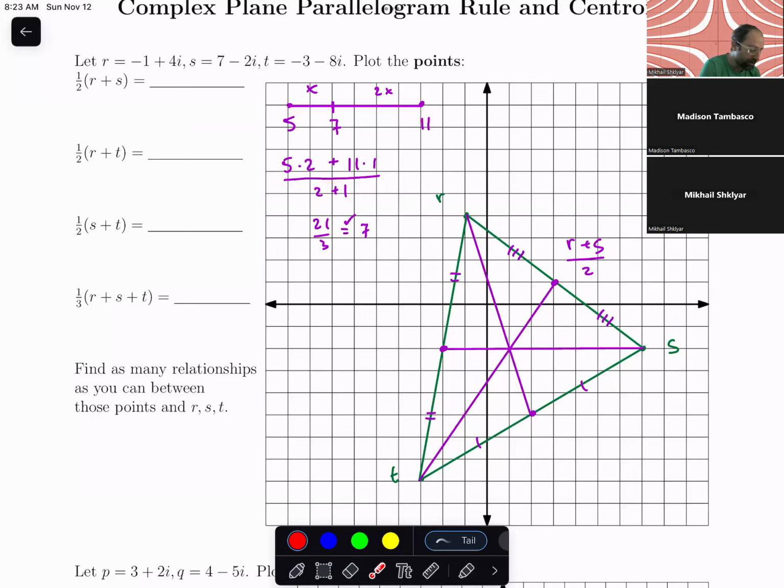So essentially, this point over here, the centroid, should be R plus S over 2 times 2 plus T, quantity divided by 3. If we do the arithmetic correctly, this is just R plus S plus T divided by 3, which is exactly what we wanted to show. Okay?